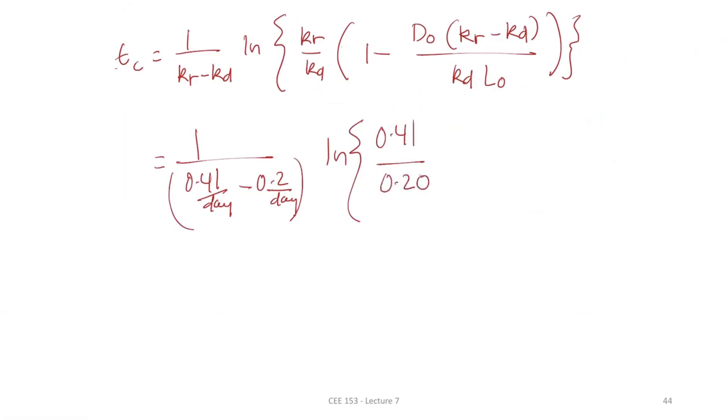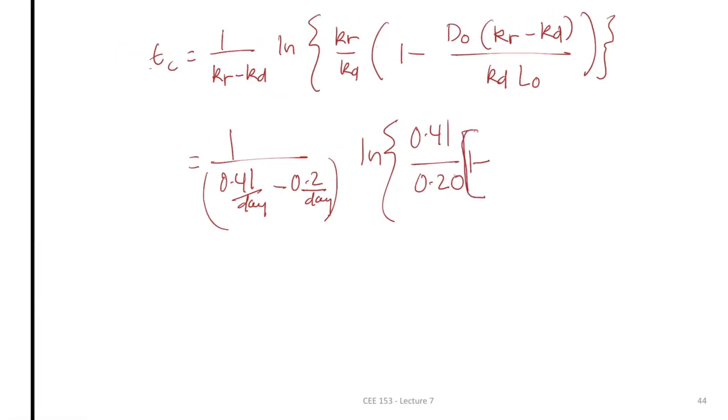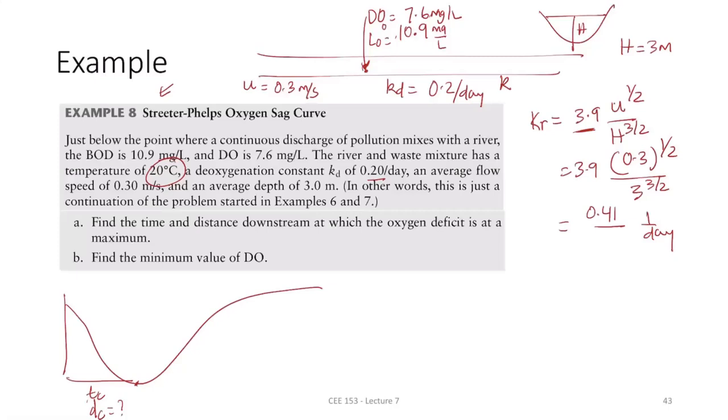I don't have to write the unit because it cancels out. Minus, or 1 minus D0. What is the initial deficit? The initial deficit, if you see, is basically the value at that mixing point.